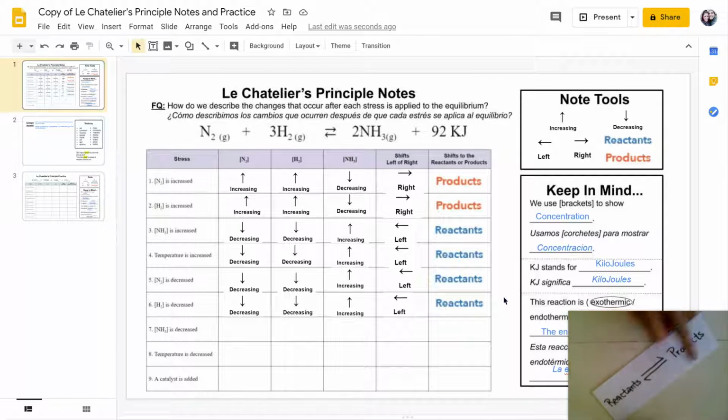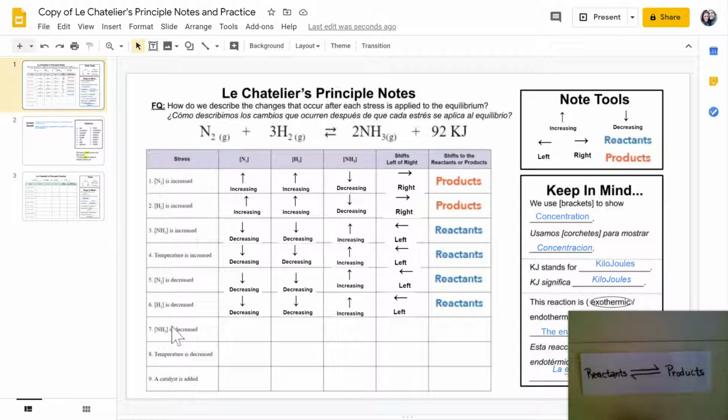That means that the product side increases, which is what we see here on the reactant side, and then the NH3 increasing on the product side. And again, which side is lower? The reactant side is much lower. So equilibrium is going to shift to the left towards the reactants.